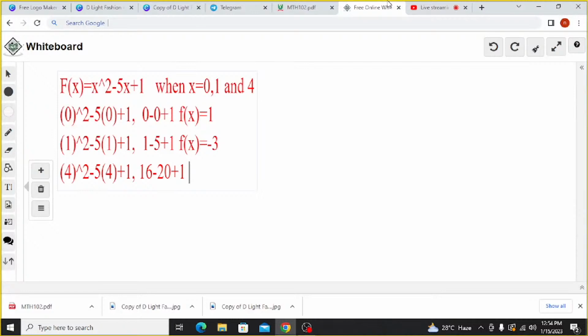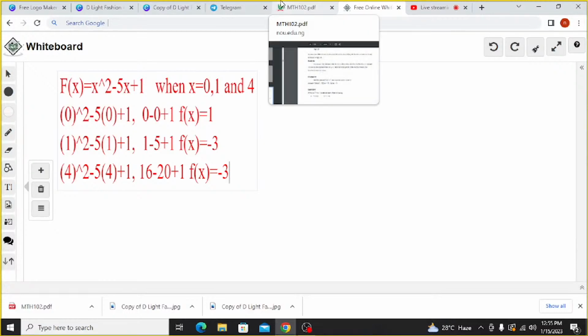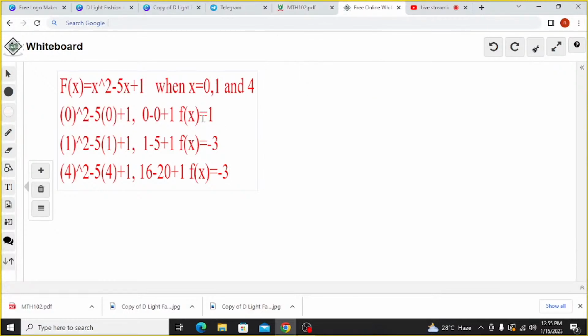So our function here now equals 16 minus 20, plus 1, which equals minus 3. So for this one, we have 1, minus 3, minus 3.